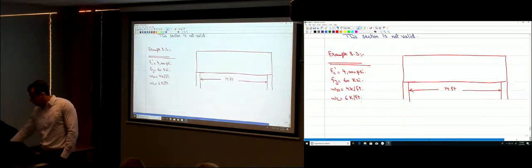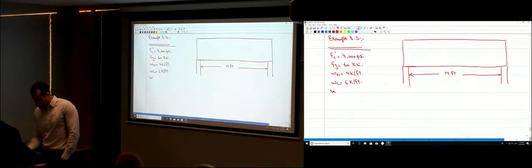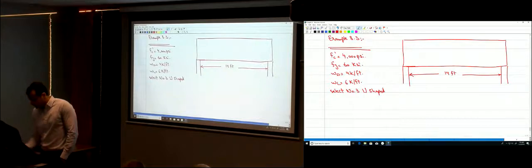Okay, we're required to select number 3 U-shaped stirrups for the beam shown.